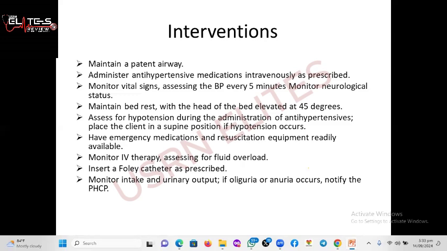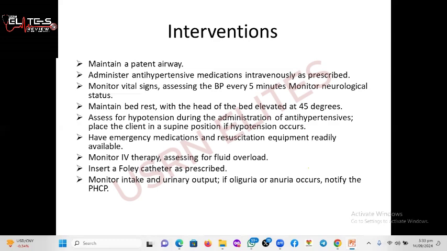You place the client in a supine position if there is hypotension, because when there is hypotension and the client is allowed to walk around or sit, the patient can fall. So you have to let the client be in a supine position. You have your emergency resuscitation equipment at the bedside, your oxygen available, and all other needed things. Then you monitor the medication you are giving.